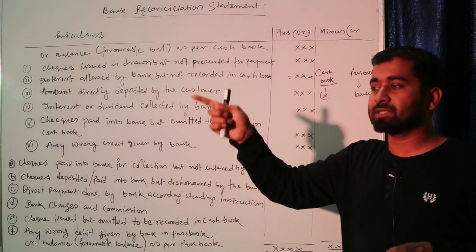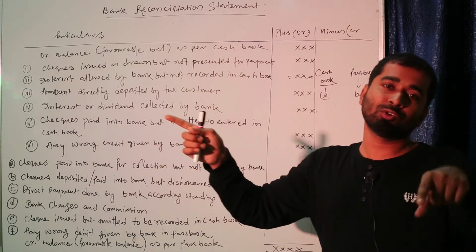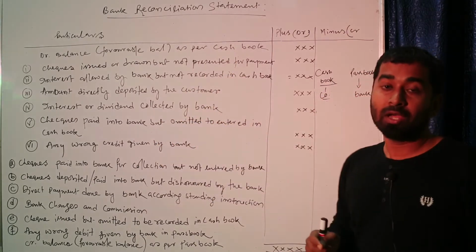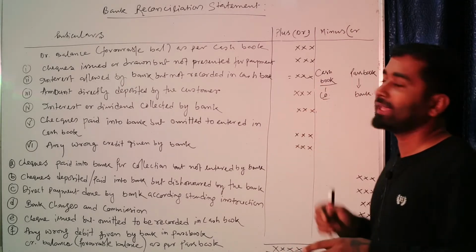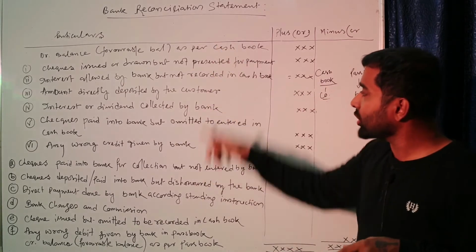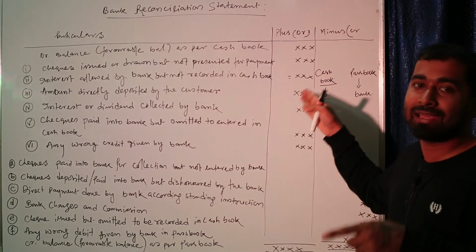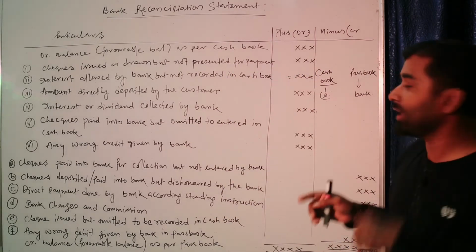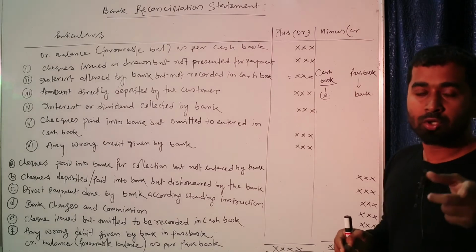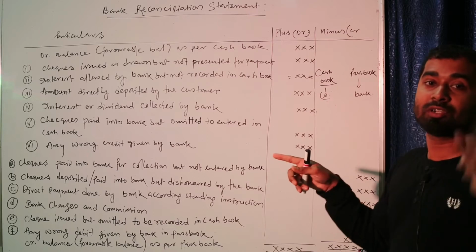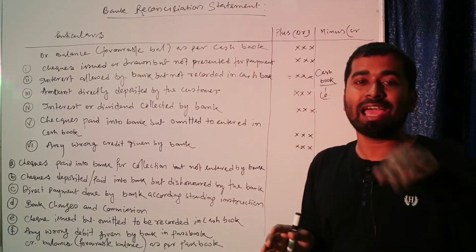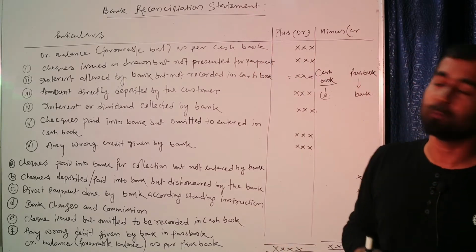That means if the passbook has added something, you should add it to your cash book. If the passbook has subtracted something, you should subtract it from your cash book. So I am considering only the cash book details here, debit or credit. You cannot change the passbook. So here, any changes we are thinking about, plus or minus, we should treat as per the cash book. In the cash book, what are we going to do?